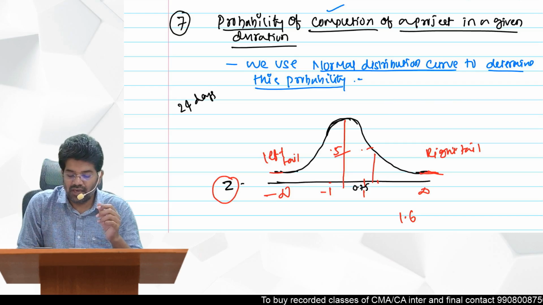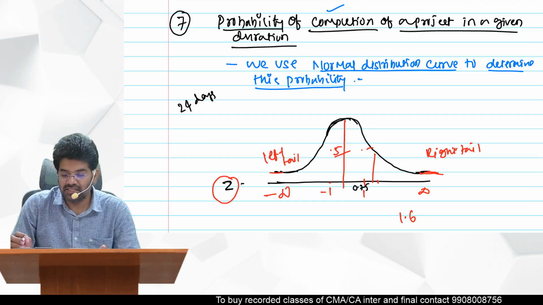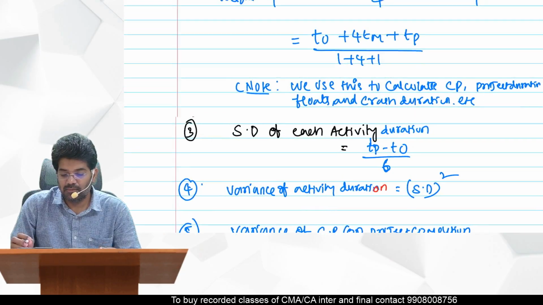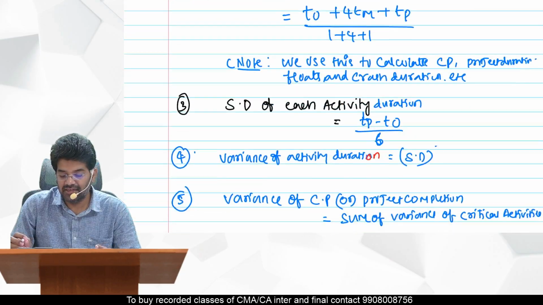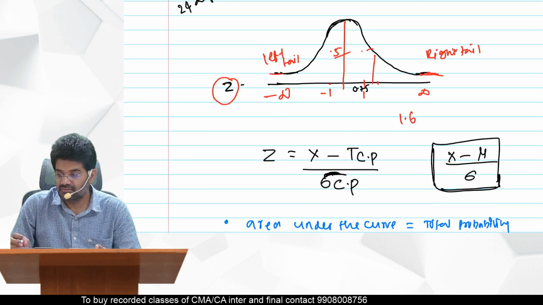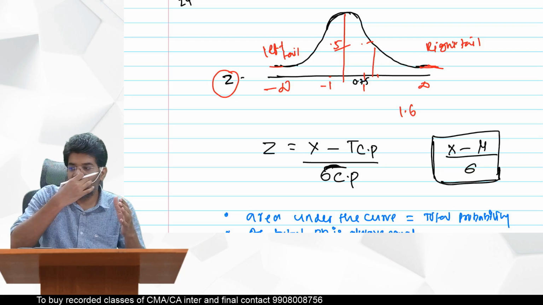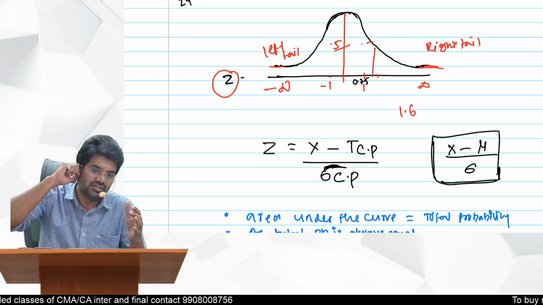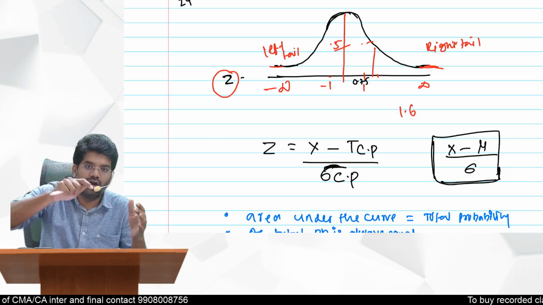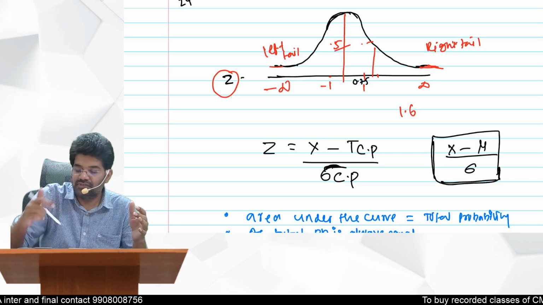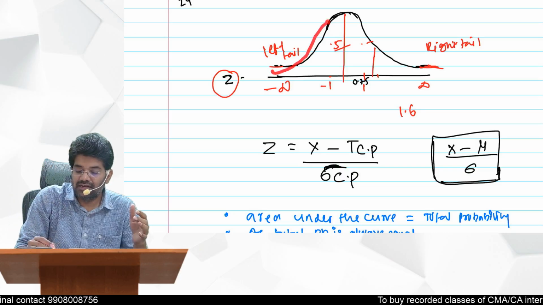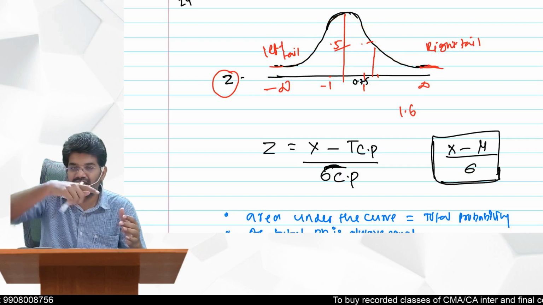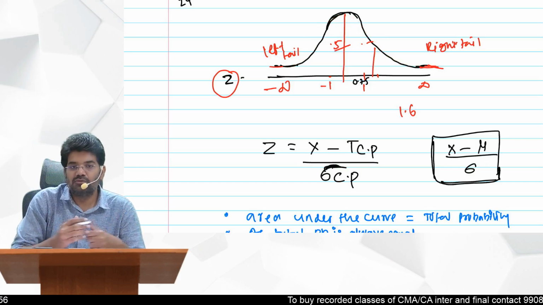One more reason is that the data we are calculating, the estimation times for each activity, if you plot them on a graph, will take the shape of a normal distribution curve.